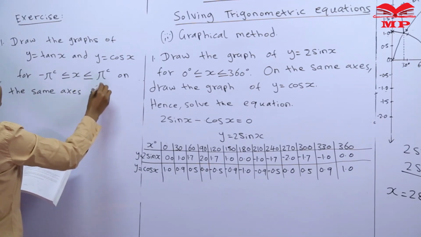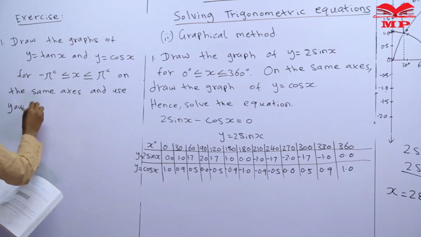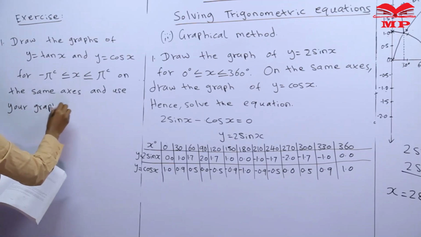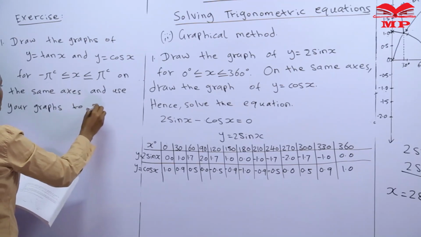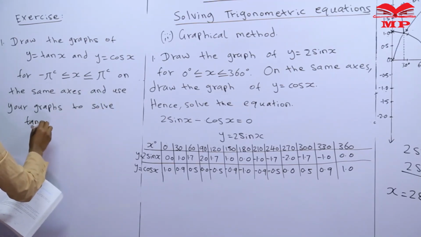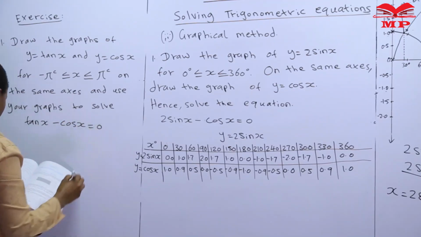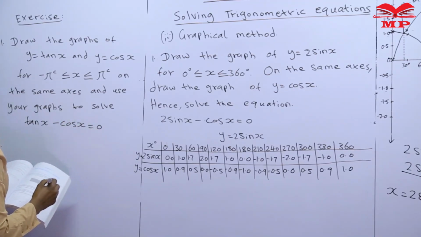and use your graphs to solve tan x minus cos x is equal to 0.